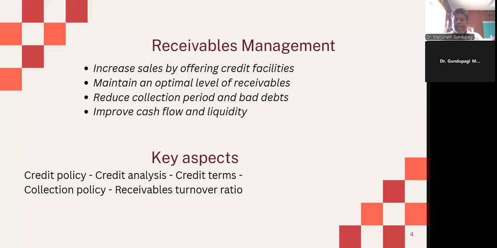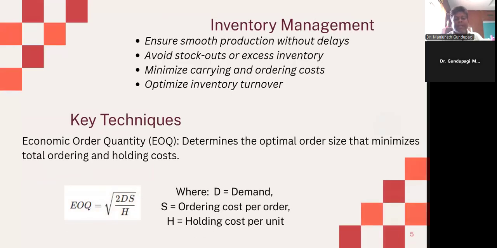Now we will discuss another important management of current assets, that is receivables management. Receivables represent amounts owed to the business by customers who have purchased goods or services on credit. Efficient receivables management involves balancing the benefits of increased sales against the cost.